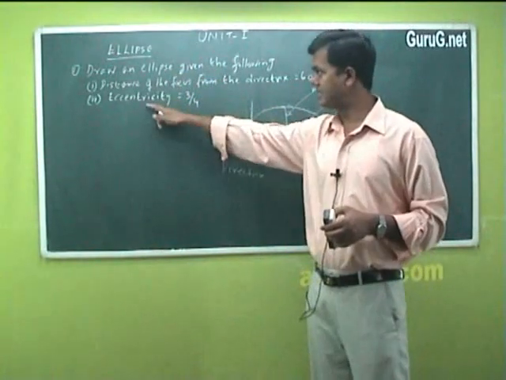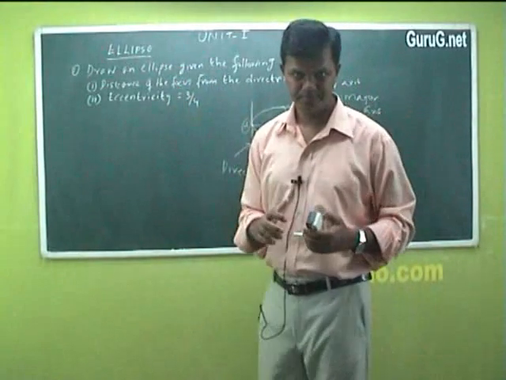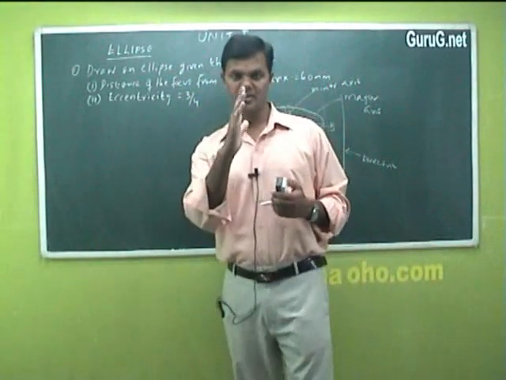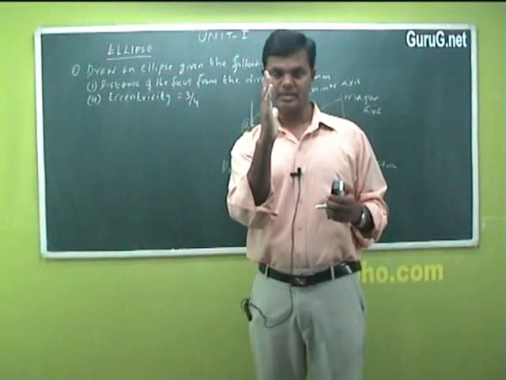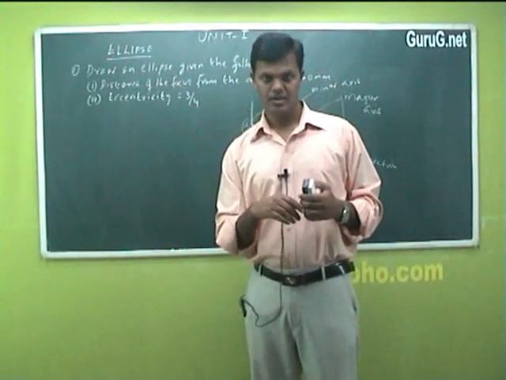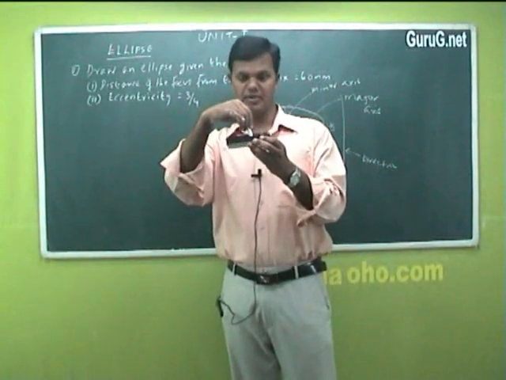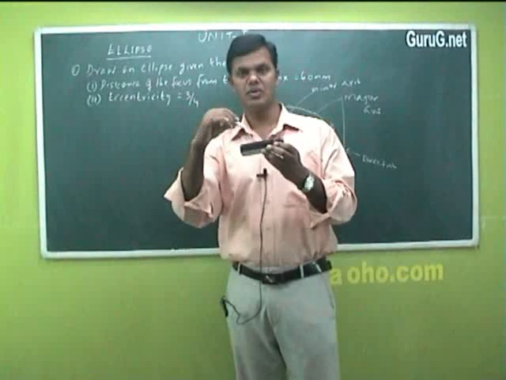For an ellipse the eccentricity value is 3/4. In general, what is eccentricity? Eccentricity means some deviation from the axis point. I can say this body has an axis here, a central point. How much my deviation is from this is called eccentricity.